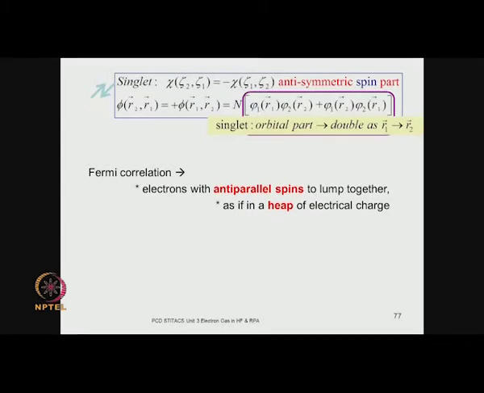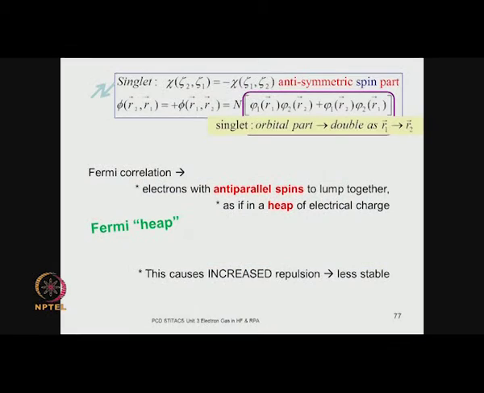So you generate a heap of electrons. This is actually called a Fermi heap, and what it will do is that in this heap the two electrons will get closer to each other, and as a result there will be increased repulsion, okay, because the closer they get, the force of repulsion goes as 1 over r square. So there will be increased repulsion, and that will make this state less stable.